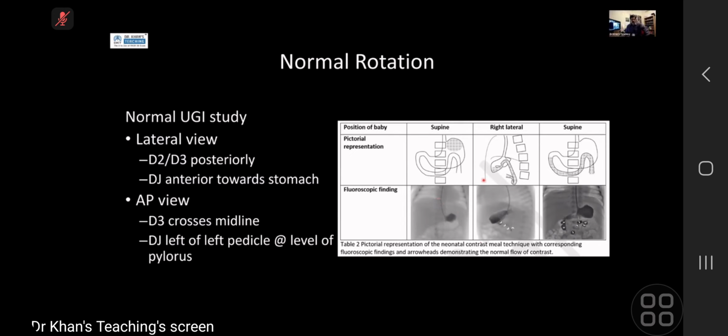Please continue. Fine. As I was saying, on the middle picture, on the lateral view, your contrast goes retroperitoneally. Then it goes up and anteriorly, because your DJ flexure is really more an anterior structure. On the AP view, what you're looking at is your D3 crossing the midline, and your DJ flexure is on the left of the vertebral body at the same level as the pylorus.